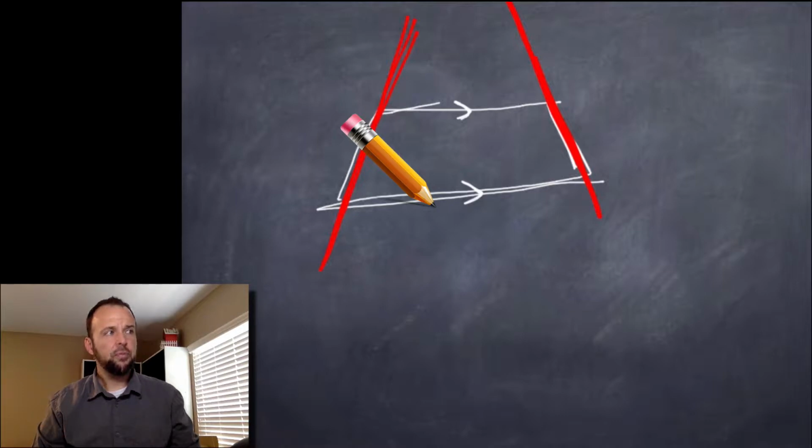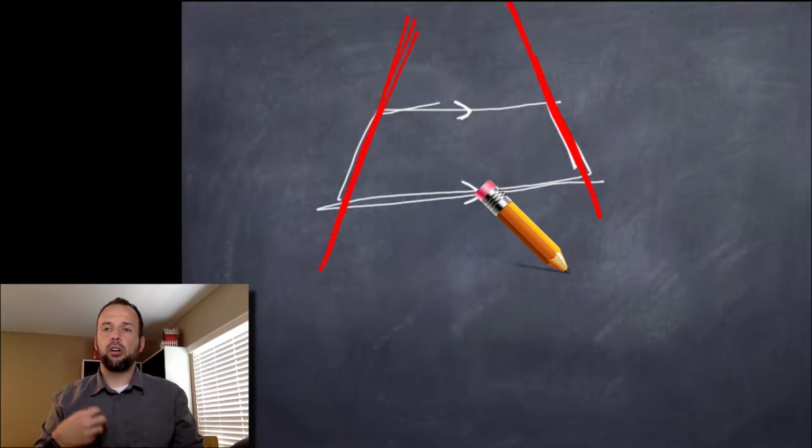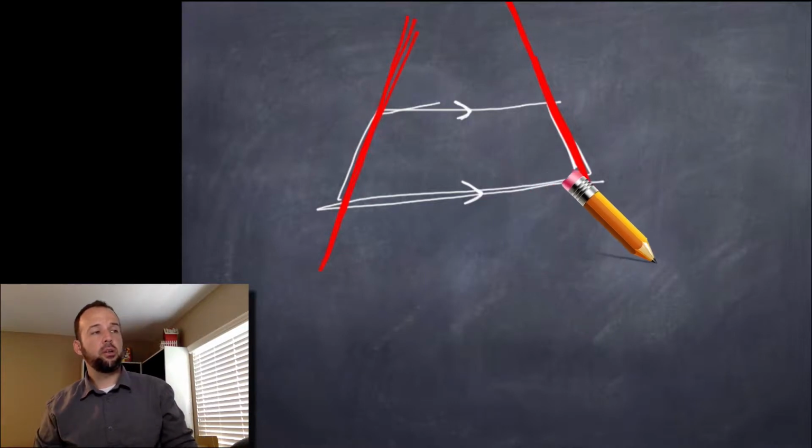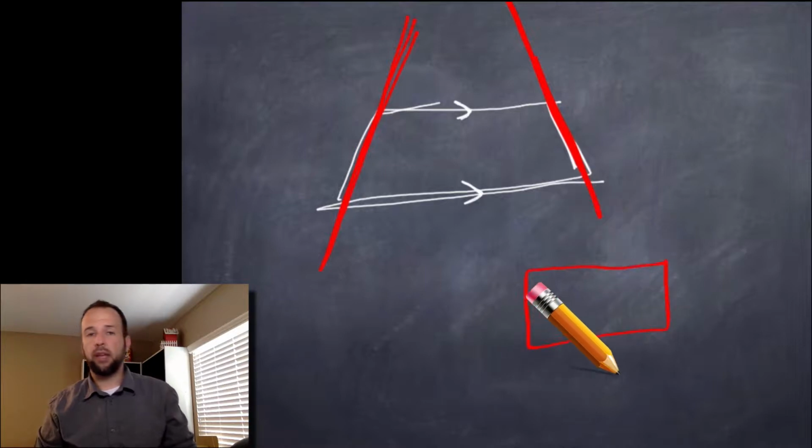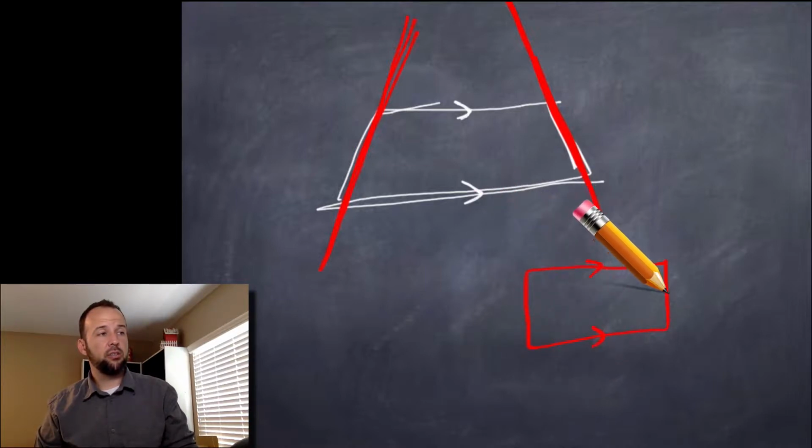Now, technically, by the definition we're going by, our trapezoid has to have at least one pair of parallel sides, which means it could have more than one, but it has to have at least one. So, if I drew this shape, it's a quadrilateral, right? It has a pair of parallel sides. It actually has 2 pairs of parallel sides, but it has at least one, right?